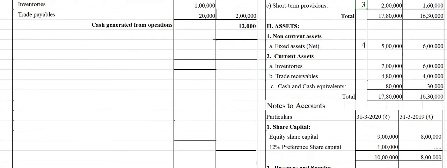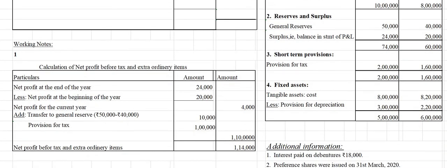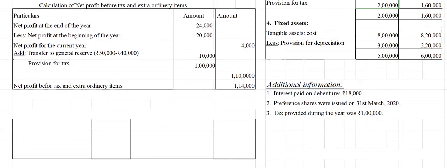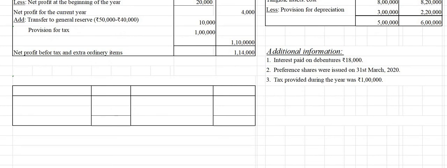Let us come to note number 3. Short-term provisions, provision for tax: last year 1,60,000 and this year 2 lakh. So let us see how to treat provision for tax. For that we will see another working note.